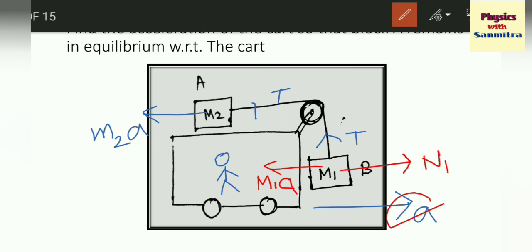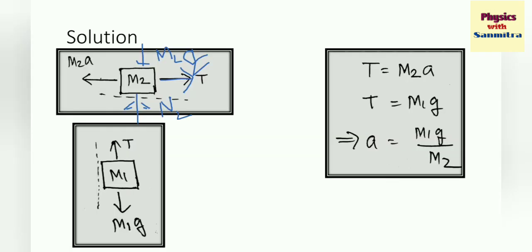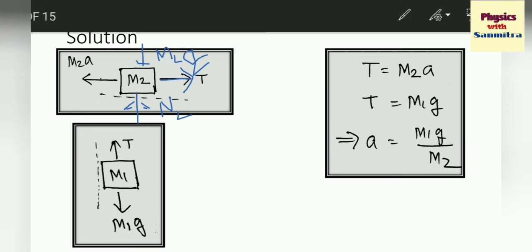But this is not required in our question. N1 is equal to M1A, that is an equation, but we don't need it here. We are just showing this much, for the sake of completeness of this question: this is N1 and this is M1A.